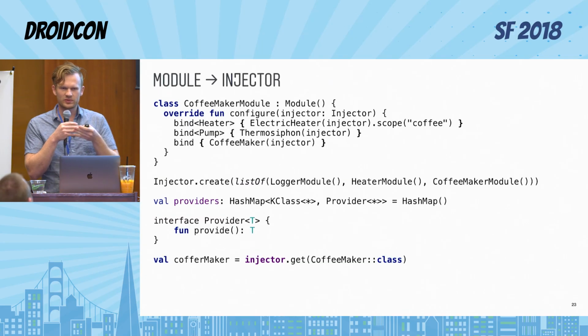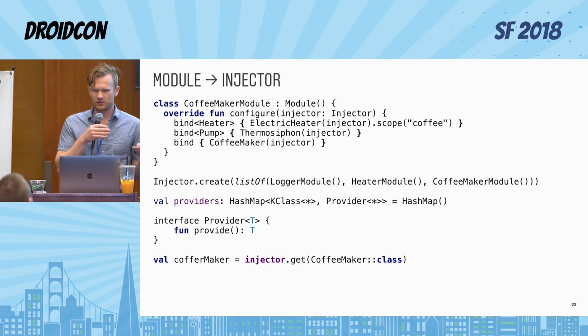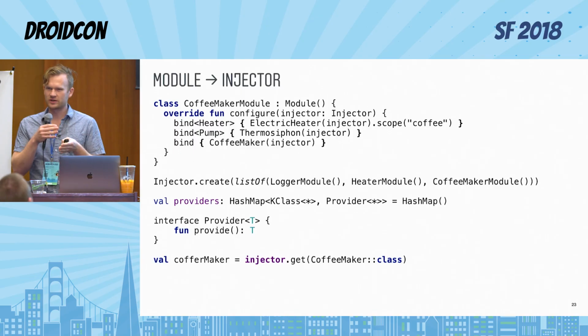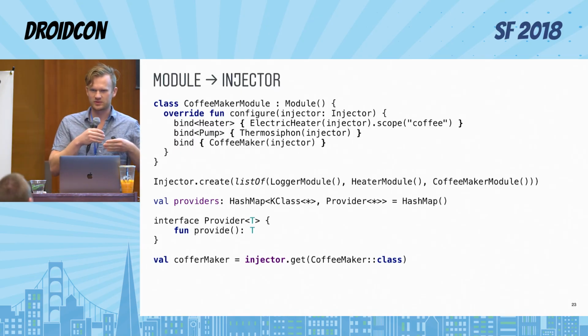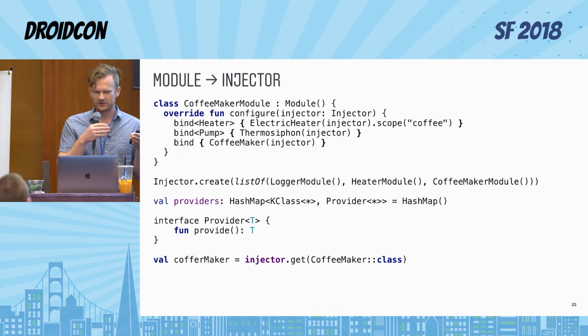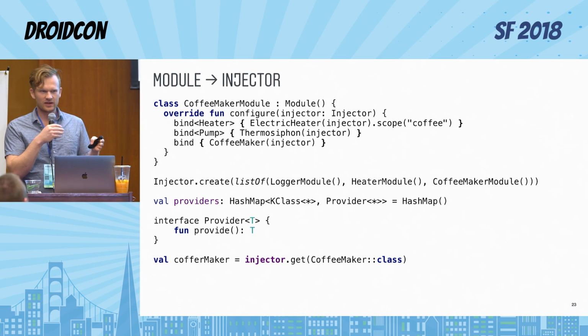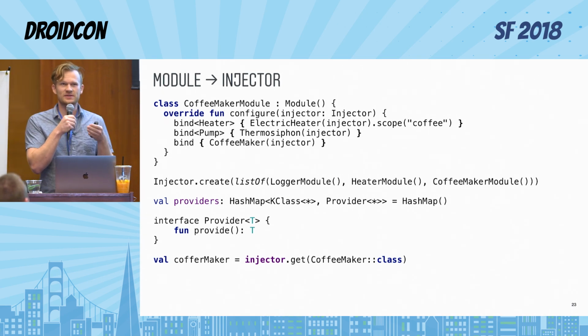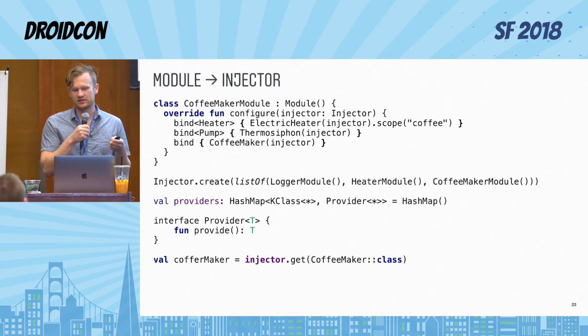Basically, a module provides you a set of those bindings, and later on when you put them into the injector, bindings are transformed to providers. The difference between a binding and a provider is that a provider is a specific factory that knows if the instance has to be resolved over and over again, or if the instance has to be cached by the scope.